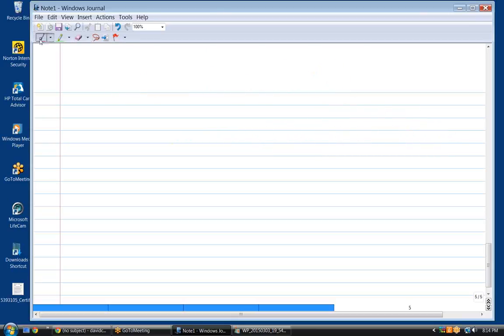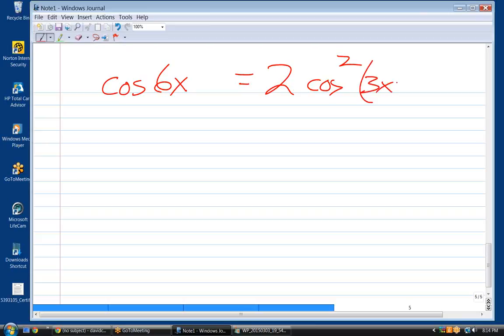Prove the identity. Okay. Cosine 6x equals 2 cosine squared 3x minus 1. Cosine squared of 3x minus 1 like that? Without the parentheses, there aren't any parentheses in it.